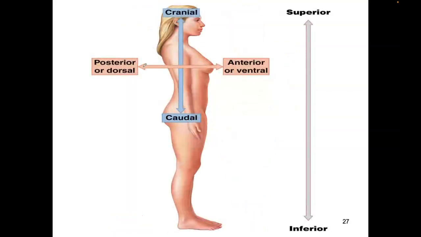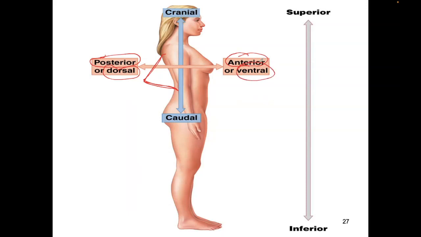When I'm in the back of the body and I'm moving towards the front, I'm moving anteriorly. If I'm in the front and I'm moving towards the back, I'm moving posteriorly. The other name for posterior is also dorsal, just like the dorsal fin of a shark. The other term for anterior is the ventral region.